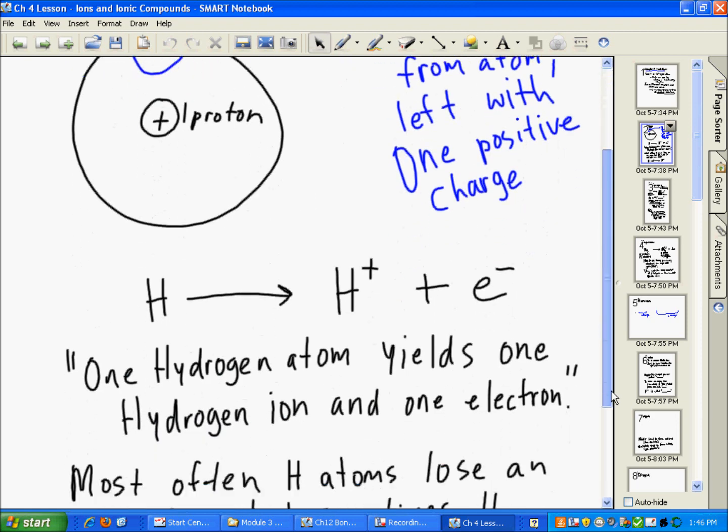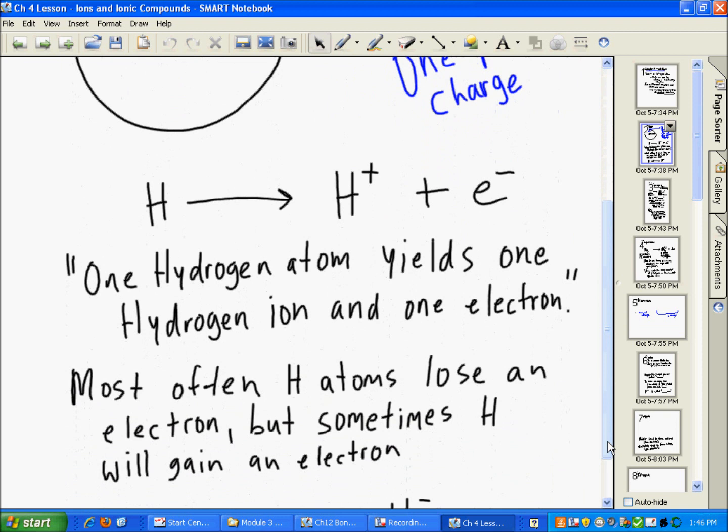The process for doing that, we write in this form as a chemical equation, where you have a hydrogen atom producing, or in chemistry, the arrow we say yields, a hydrogen ion with a positive charge and an electron. So the electron has gone somewhere else, leaving us with the hydrogen ion.